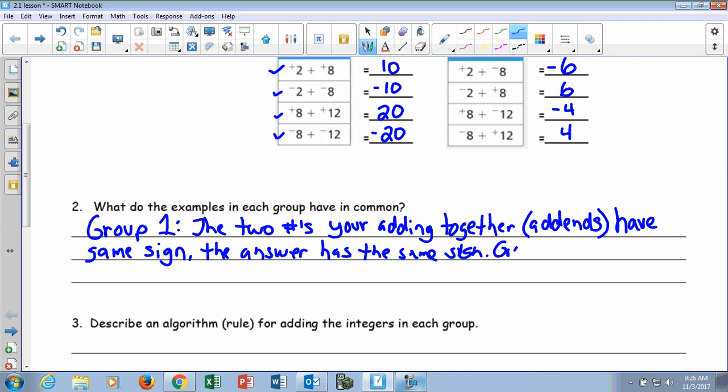So in group 2, we dealt with the 2 numbers that have different signs, right? So the 2 numbers being added have different signs.